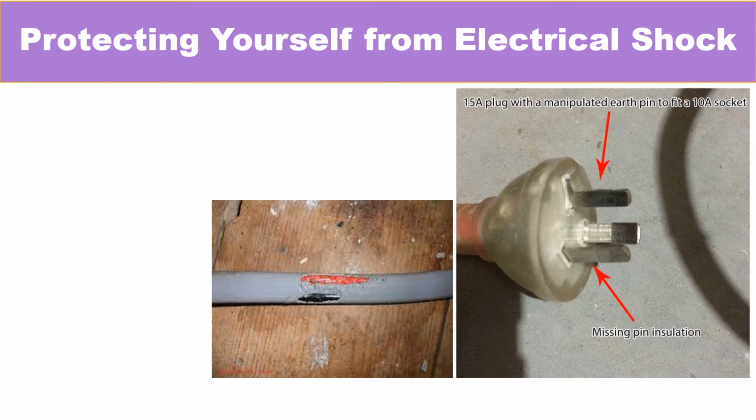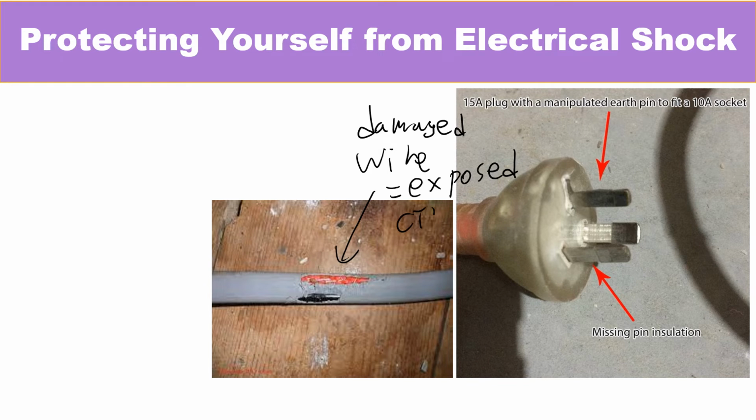When it comes to electric shock, you need to understand a few things. If you look at the first picture, can you see that the wire has damage? Damaged wire basically means exposed circuit. So if you touch those areas, you're creating a short circuit.